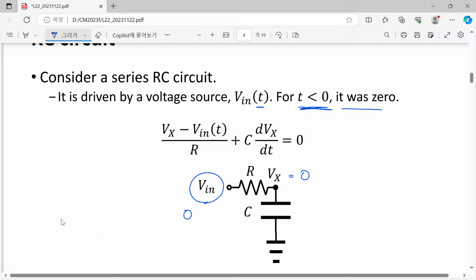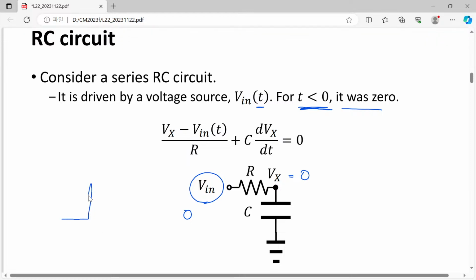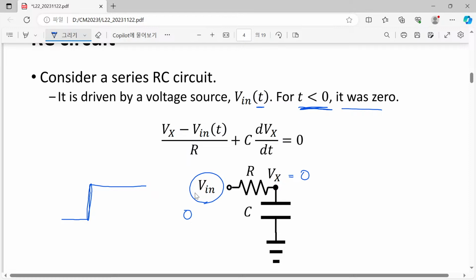A typical case we consider is, for example, that we ramp up rapidly, almost immediately, to VDD and see what happens to this V sub x value. What you can expect is that eventually, in the new steady state, the capacitor does not play any role, just like a disconnected line, so V sub x will approach VDD.